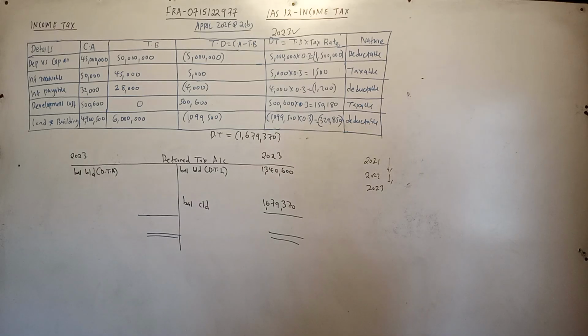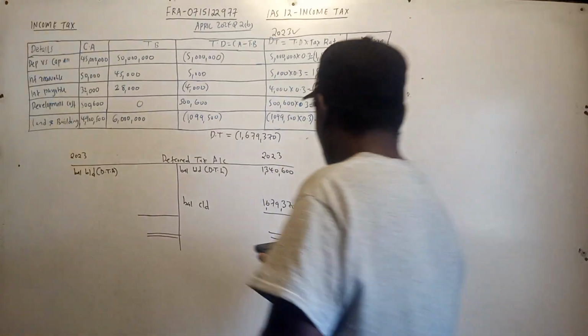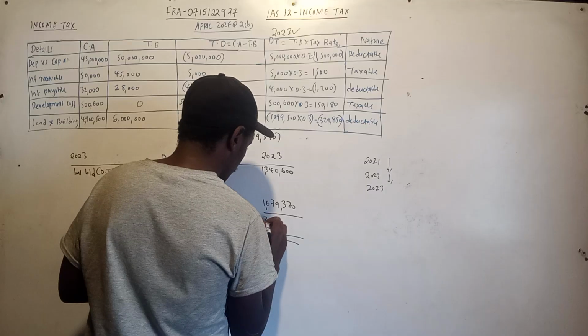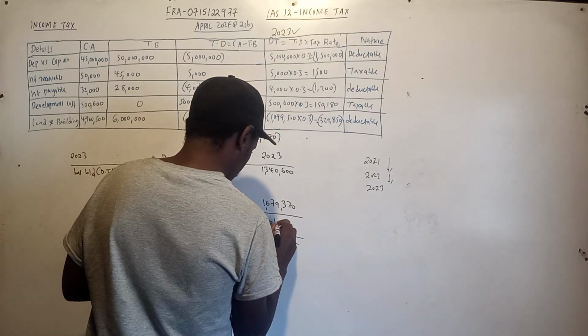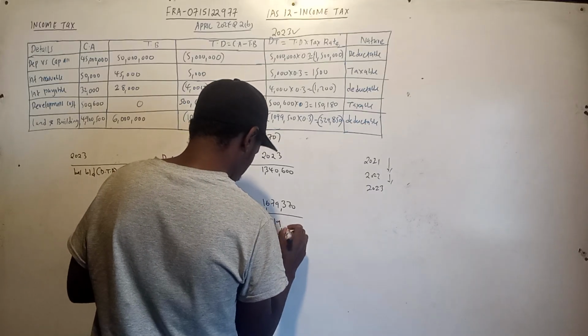That one will be equal to an amount of 30 19 970.